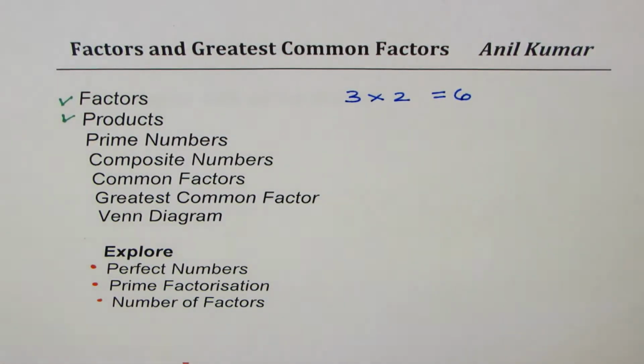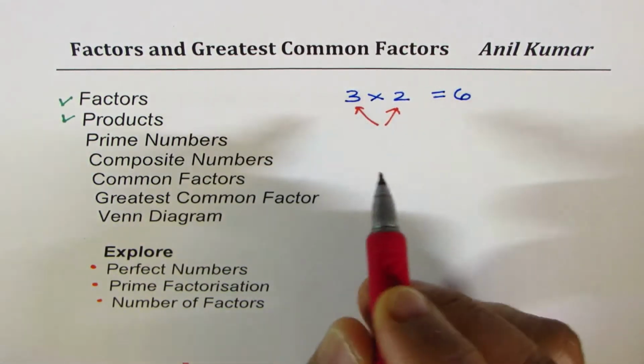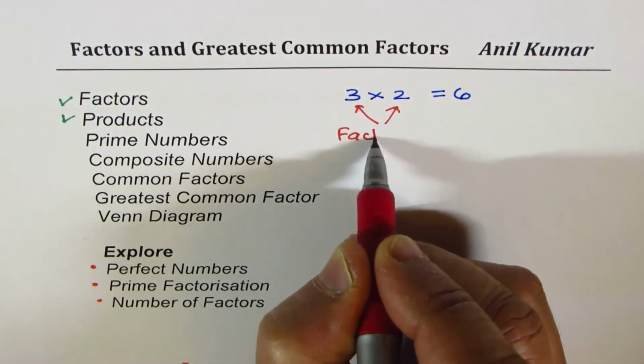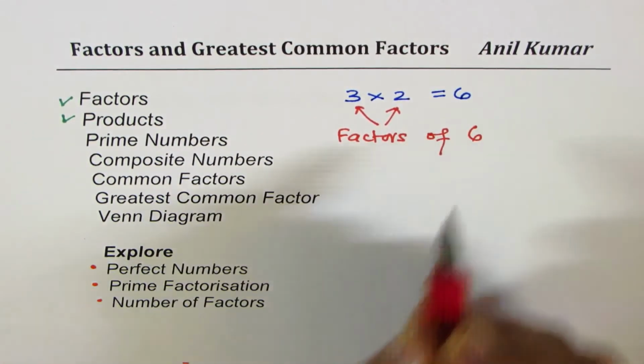Correct? So when we say factors, we are talking about numbers which when multiplied give you something else. So these two numbers here, they are called factors, and these are factors of 6. Do you see that?